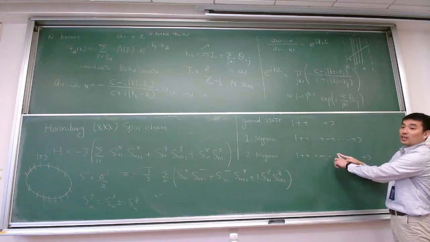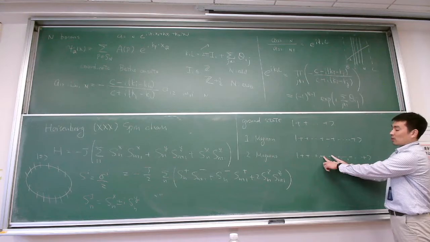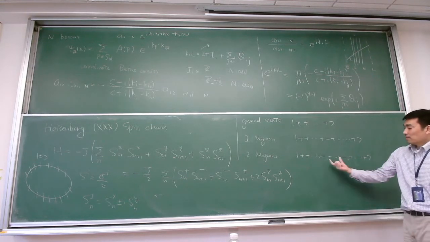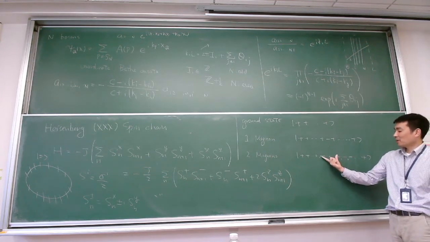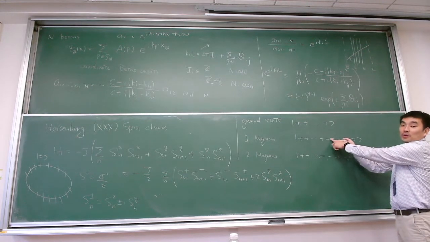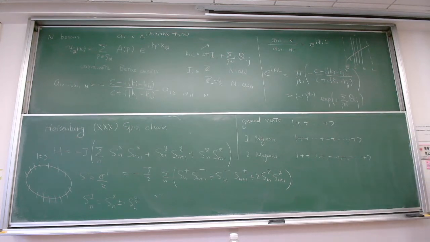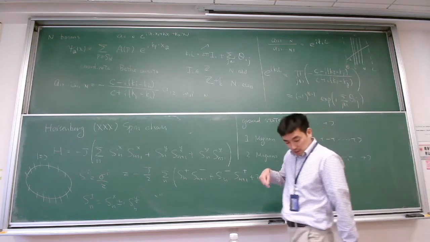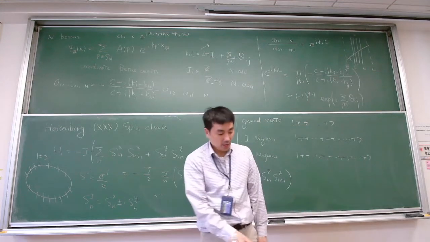Therefore it looks like a delta function. If you collide, it goes back to a one magnon state, which cannot be done. So you can treat this system like a Hamiltonian with a delta function, and that's what Bethe did indeed.